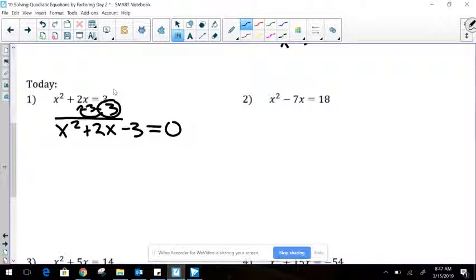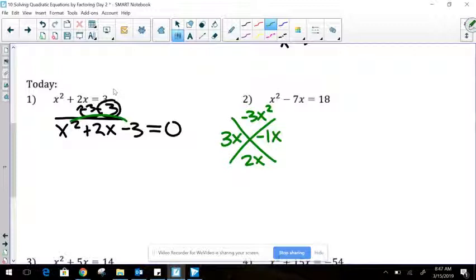Now that I have this, I can factor with first times last: -3x squared, and 2x on the bottom. Find your factors. Let's see, how about 3x and -1x? If you didn't realize that, write out your factors, that whole thing, keep your first and last and factor.